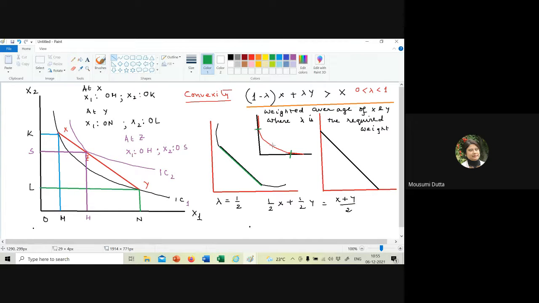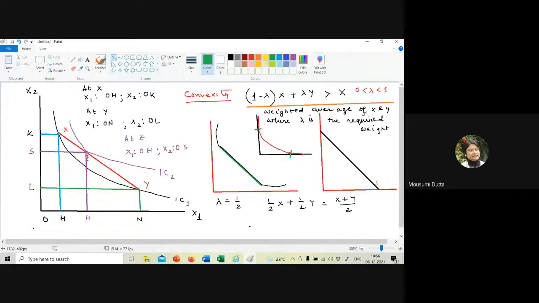So a convex curve that cuts the axes like this, with linear parts of the two axes becoming parts of the indifference curve, is also a weakly convex indifference curve.